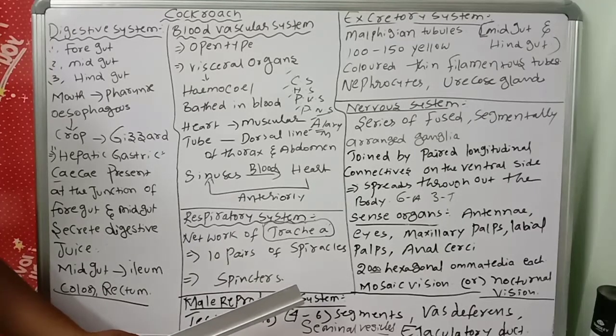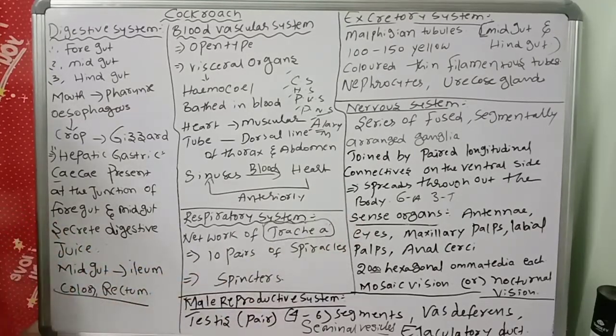So here, what are the sense organs? Another important neat bit: sense organs are mainly the eyes. Eyes consist of 2000 hexagonal ommatidia, each helpful for mosaic vision and nocturnal vision.